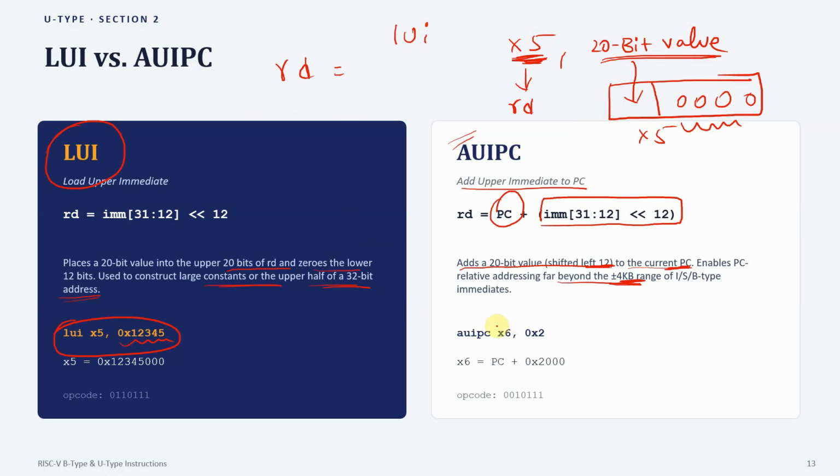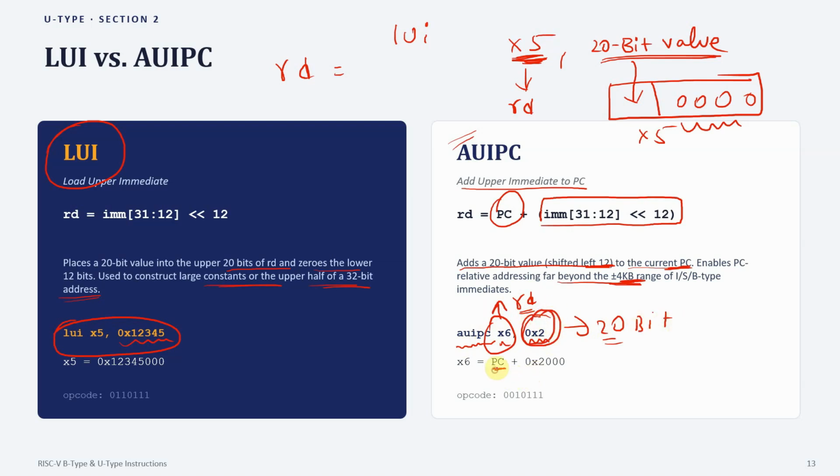And what is the instruction going to look like? This is how it looks: AUIPC x6, 2, where 2 is my 20-bit immediate value. X6 is my destination register. I'm going to add this immediate value to my program counter.